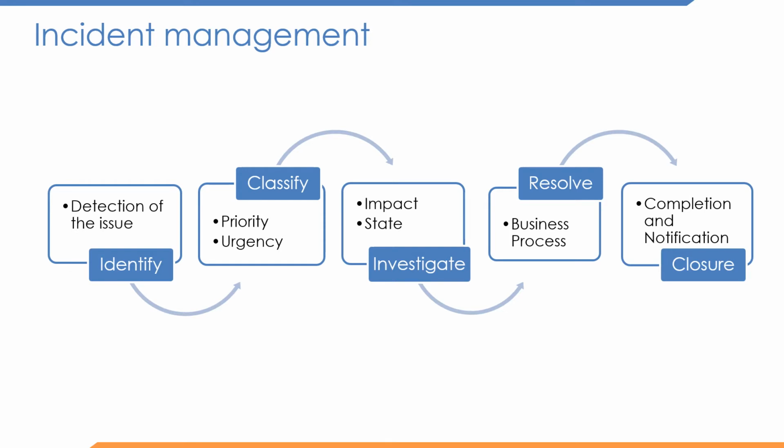The third step is to investigate, when you diagnose and understand the issue based on the information given about the incident. The fourth is resolve. To resolve and restore the business, it can be a quick workaround to retain a service. The last and final step is closure.